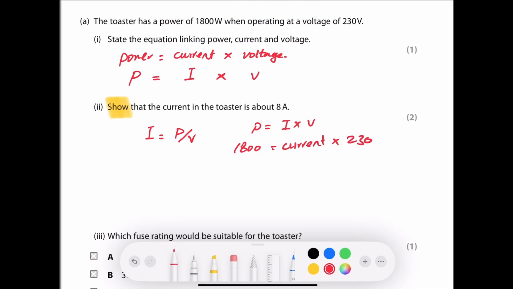So current, which is I, equals 1800 divided by 230. The correct answer for this question is 7.826, which is approximately 8 ampere. Show the examiner this value, because he was asking for show that. In physics we need 2 to 3 significant figures.